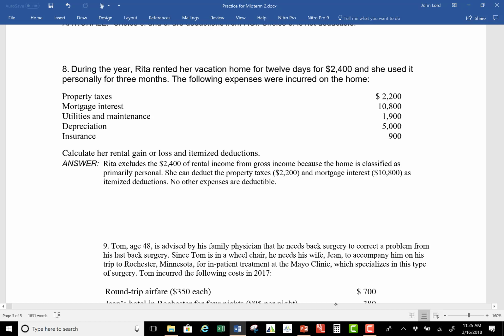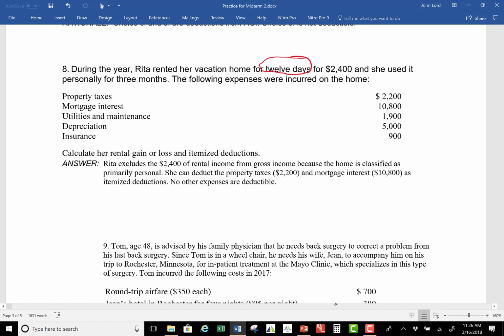She used it personally for 3 months, and the following expenses. Now, I'm going to call out to you whether or not it is personal use versus rental use versus personal/rental for your test, because I don't want you to sit there and have to freak out on the days and remembering all these days requirements.